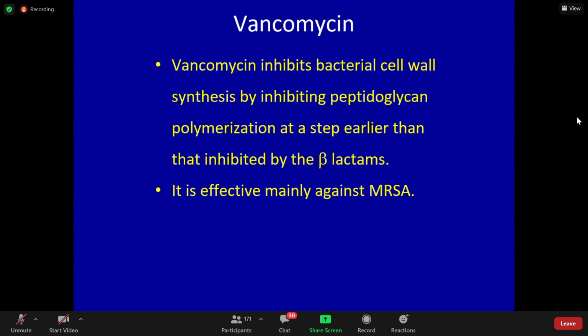PBPs are changed. Now conceptualize those bacteria which have become resistant to beta-lactam antibiotics because they have modified the PBPs. Will they be affected by vancomycin or not? Vancomycin does not require PBPs, does it?